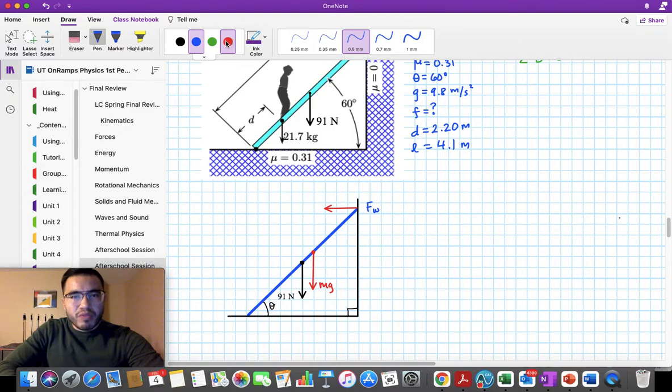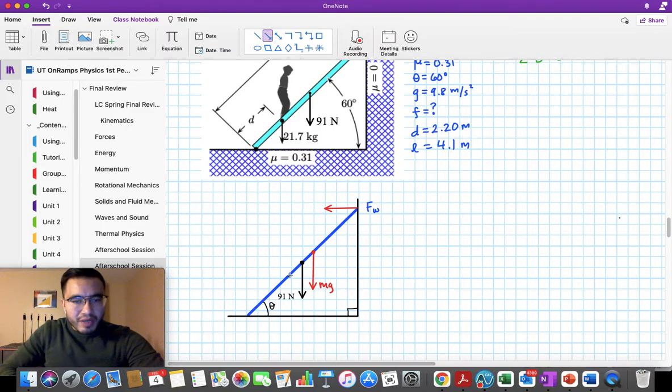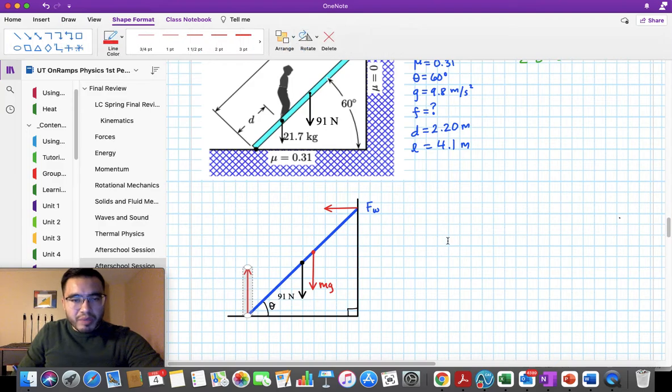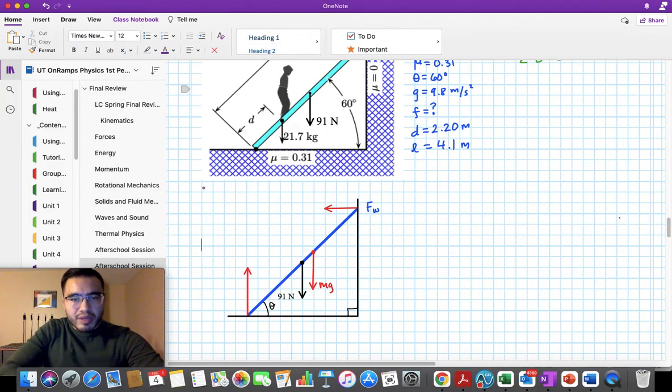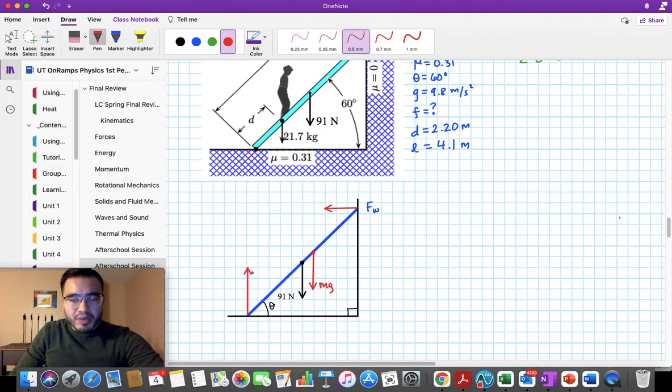The magnitudes are not going to be drawn to scale, but just know that this is equal in magnitude and opposite in direction as these two added.